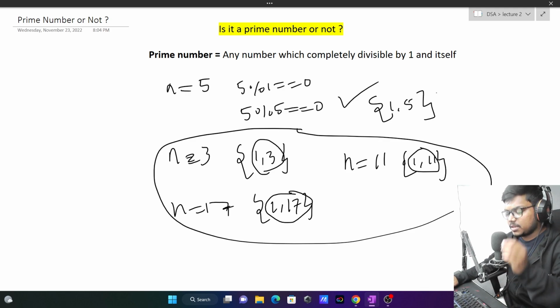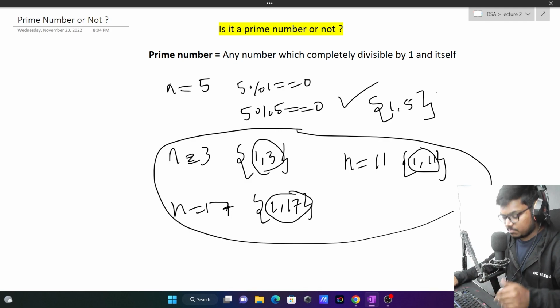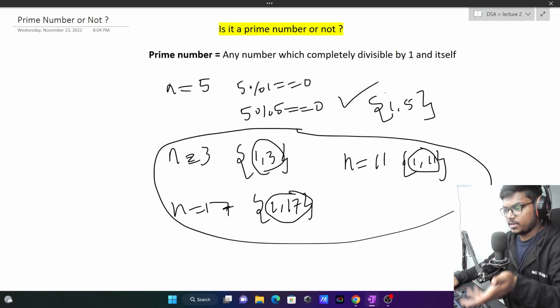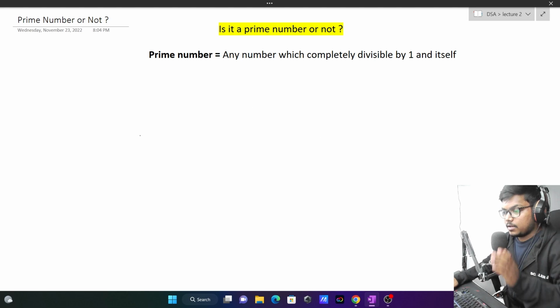So the basic simple approach, maybe the optimal approach here, is that if a number has exactly 2 factors, then we can say that it is a prime number. It is pretty much straightforward.